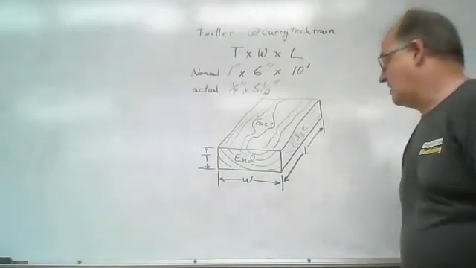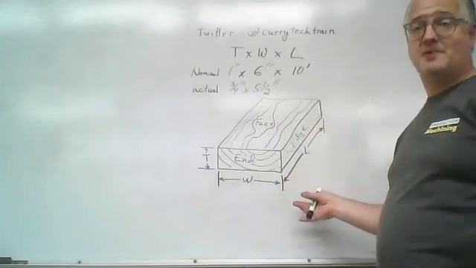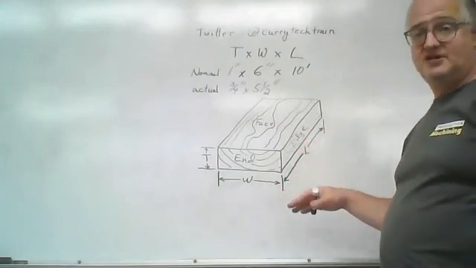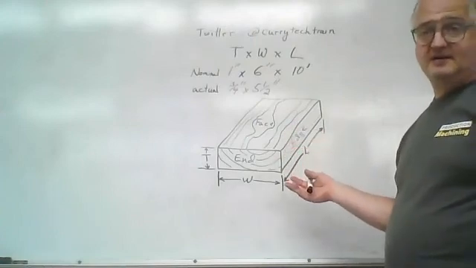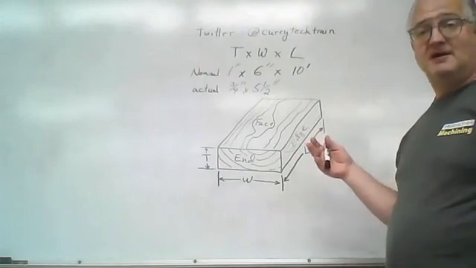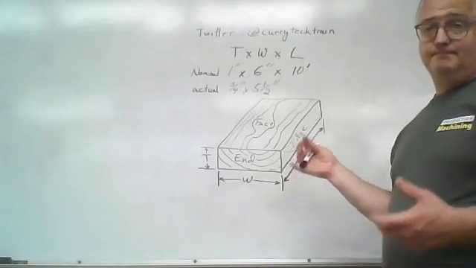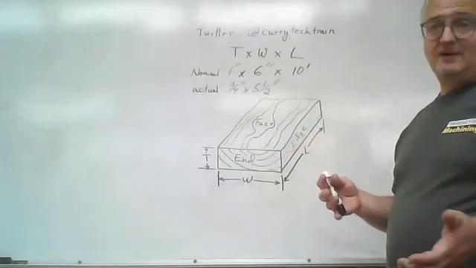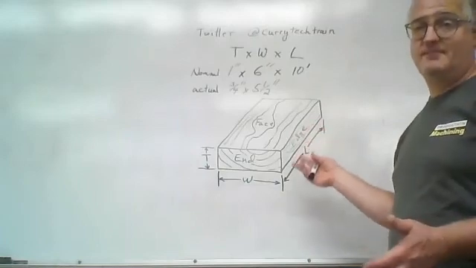So those are the 6 sides of the board. That is the proper terminology and what we refer to each of those sides as. So the face, the edge, or the end. I'm going to be talking about that when we start to check for square, or when we're measuring, marking, and laying out points where we reference some of our dimensions from.